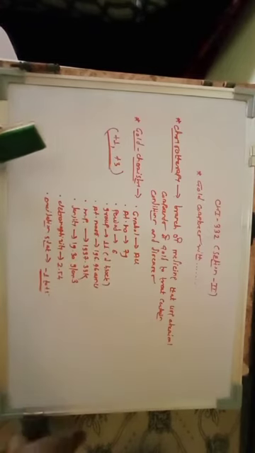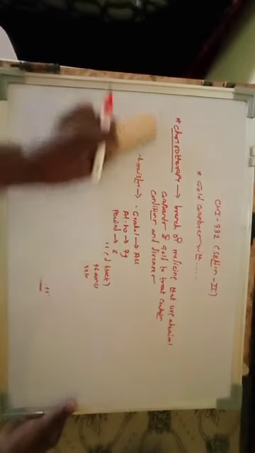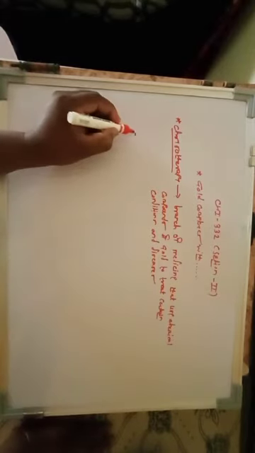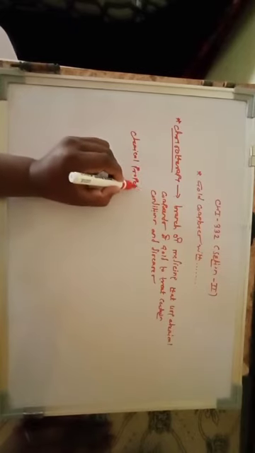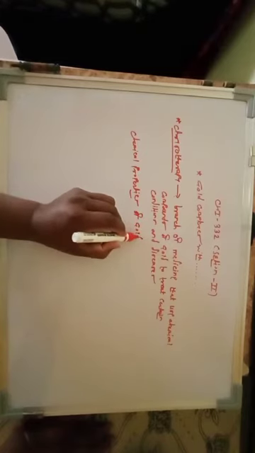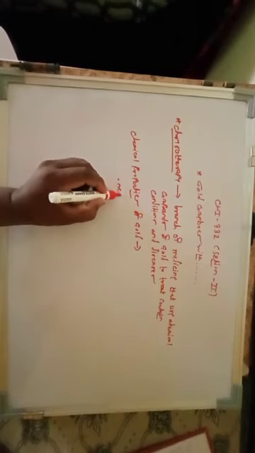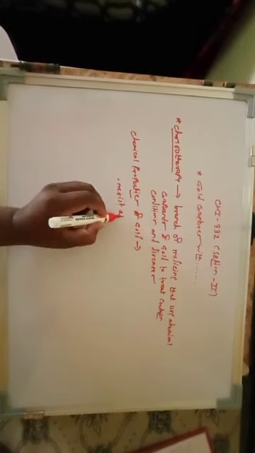Again, we discuss some chemical properties of gold. If you consider the chemical properties of gold, the first point is that it resists attack by acid.